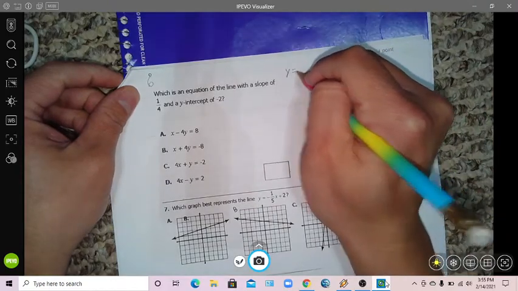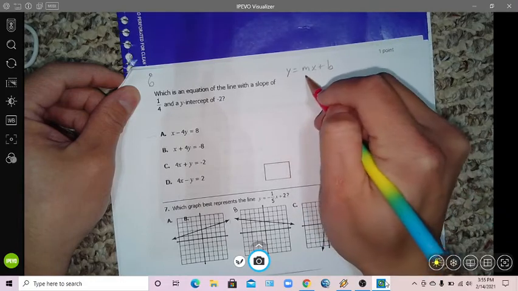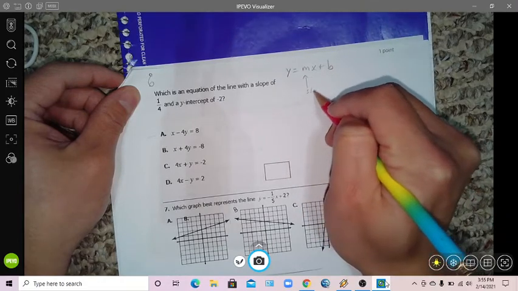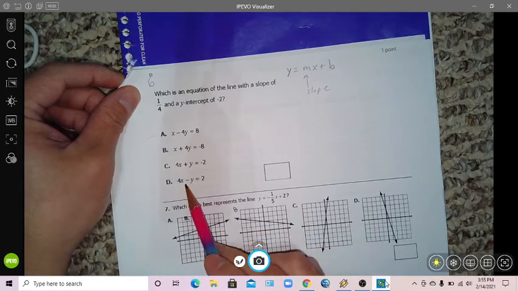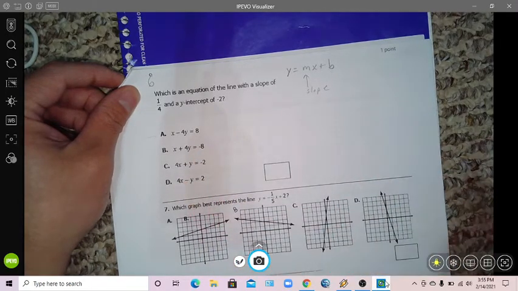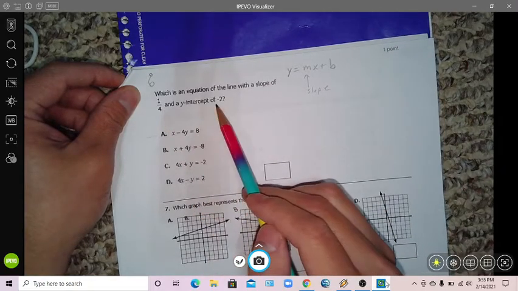If you missed this one, write y equals mx plus b. You need to get the y by itself, and there's your slope. None of these have the y solved for, so I have to, one by one, solve for the y and find which one has a slope of 1/4 and a y-intercept of negative 2.